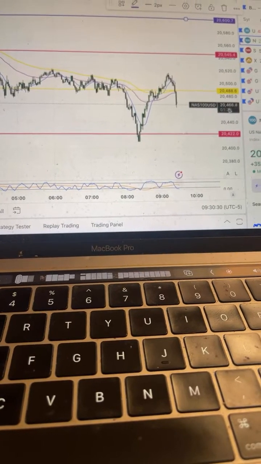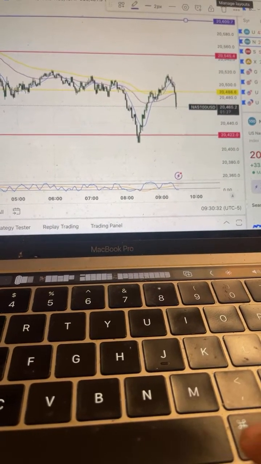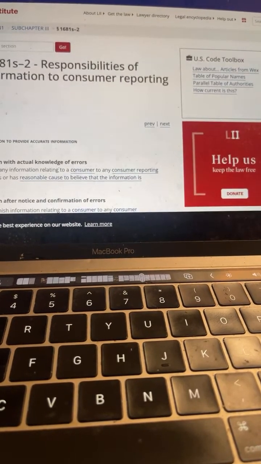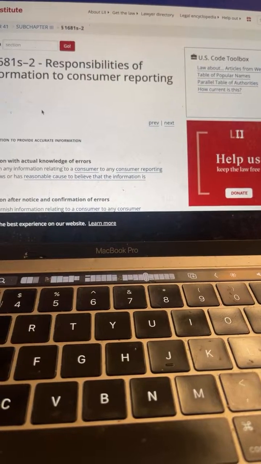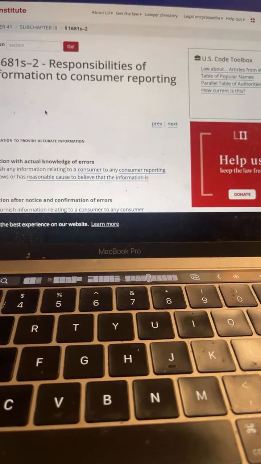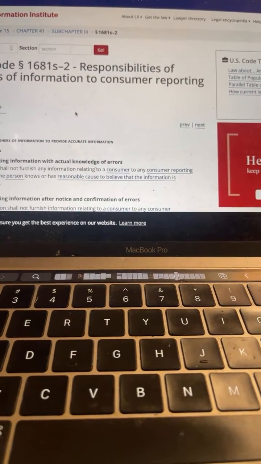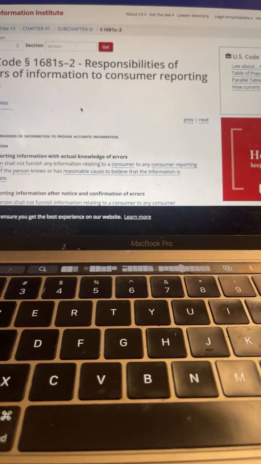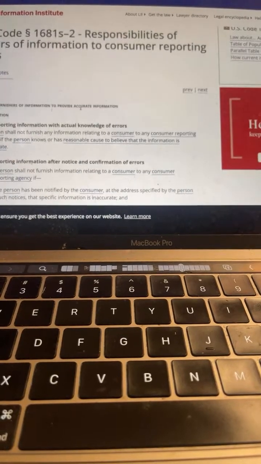Okay, so the 5th consumer law code, 15 USC 1681 s2. I want you guys to understand this can go for charge-offs. This can go for collections. This can go for really any account that's on one's consumer report. I like to use 1681 s2 with the consumer reporting agency.